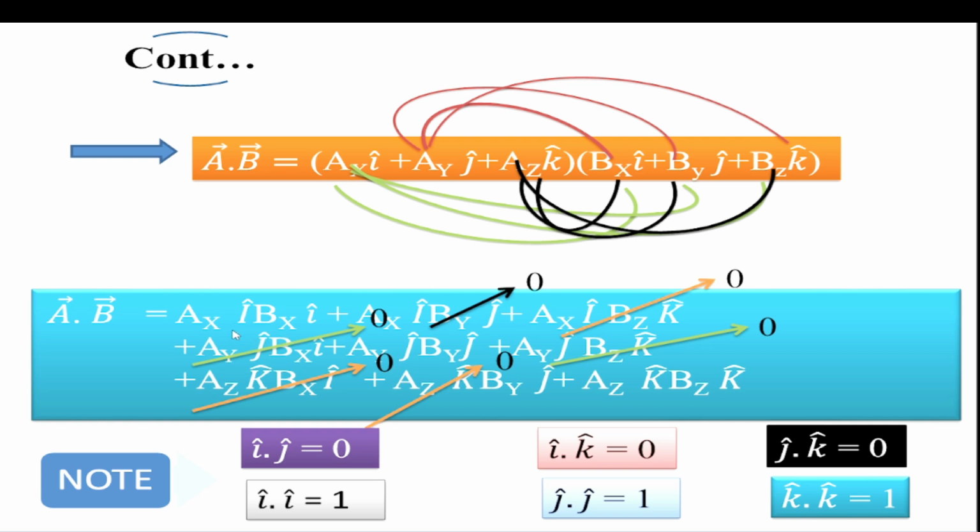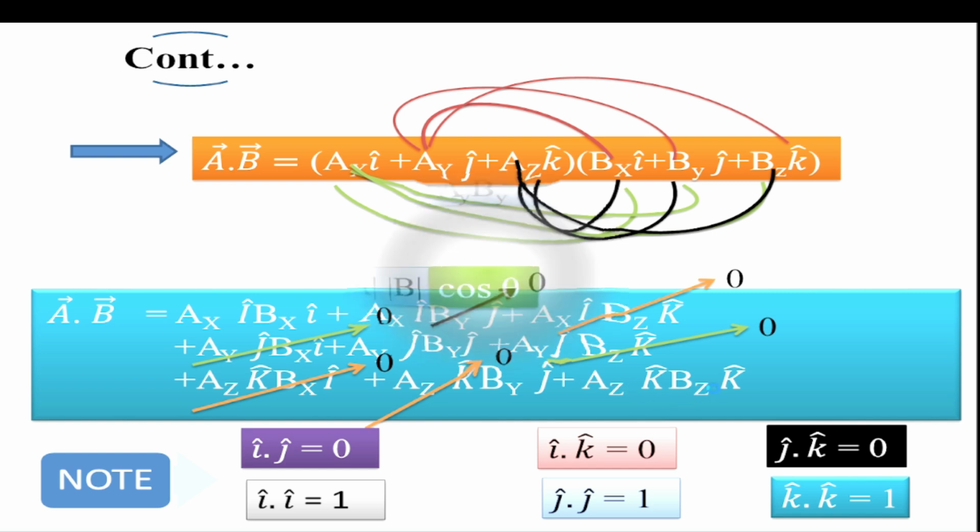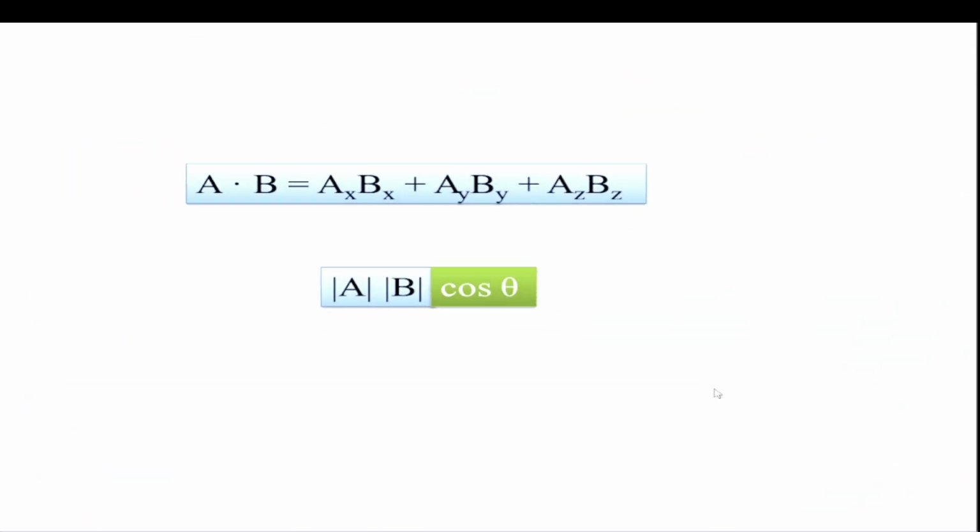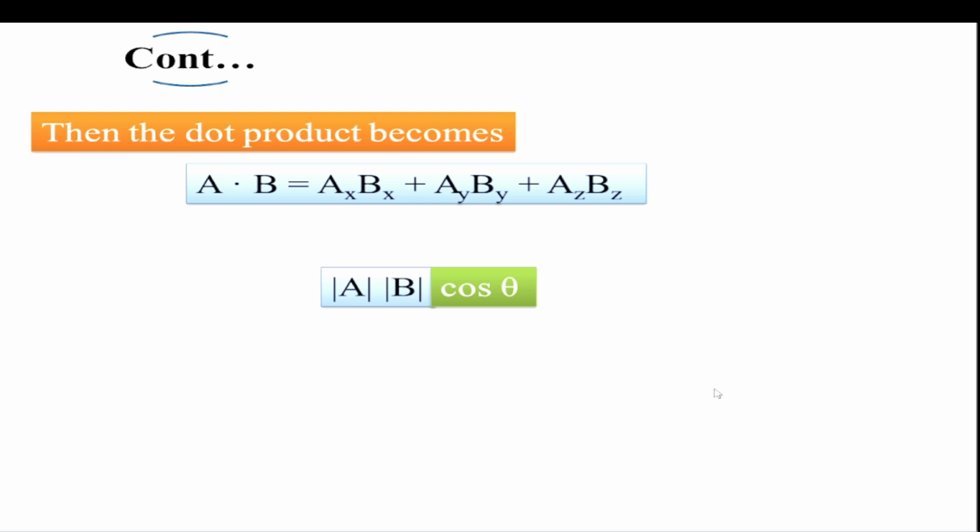From this, we conclude that a dot b is equivalent with ax bx plus ay by plus az bz. Great. That's good. So then, the dot product becomes ax bx plus ay by plus az bz. But this expression is equivalent with this one.